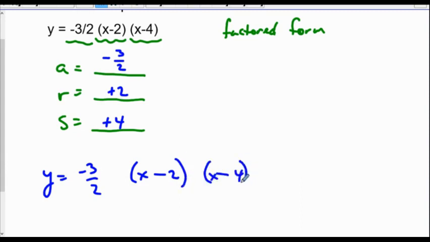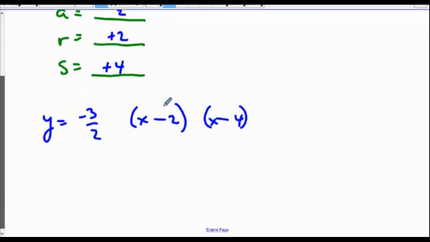There are lots of different ways of writing this. For me, I'm going to say it's x times x, then x times negative 4, then negative 2 times x and negative 2 times negative 4. You would have done this in Math 10, so we won't spend too much time on it.